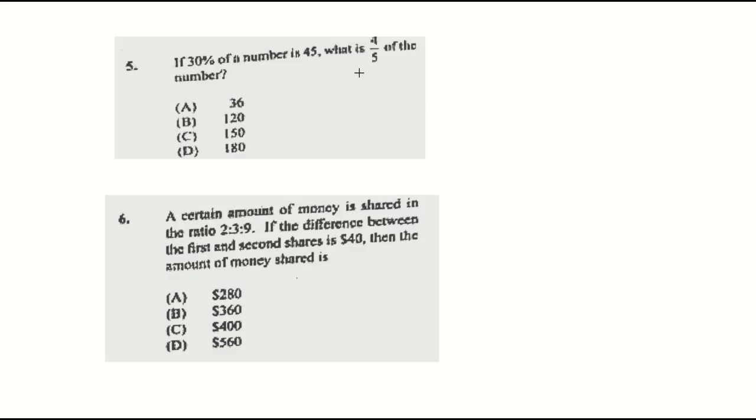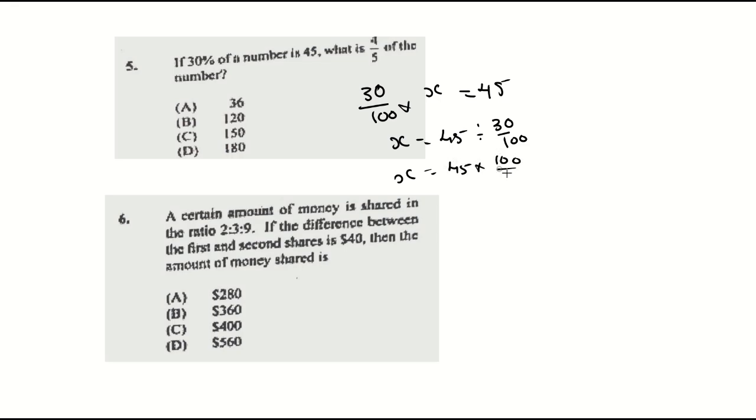Then we have 30% of a number is 45. What is 4/5 of the number? So they say 30 over 100 multiplied by some number, let's call that x, is 45. So if we make x the subject, x would be 45 divided by 30 over 100. So x would be 45 multiplied by 100 over 30.